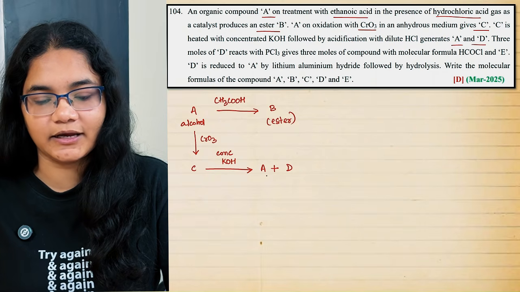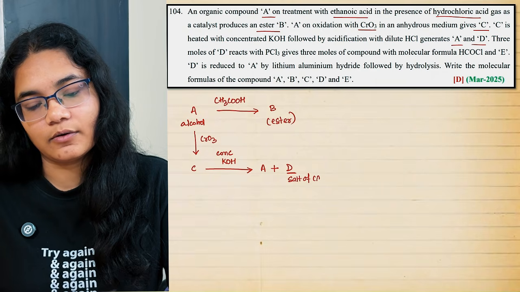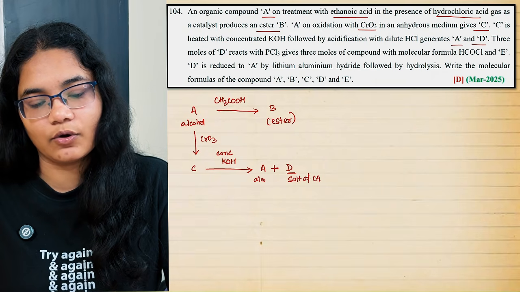So A must again be an alcohol, and the other product will be the salt of a carboxylic acid. A is the alcohol part.